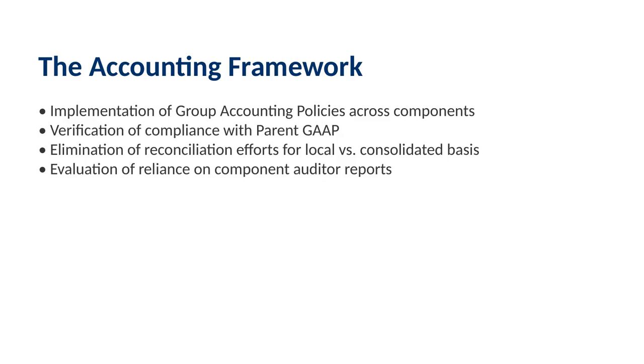Why is this so important? Because if the components use the same policies as the parent, the data is directly usable. It saves you the massive headache of having to audit the differences between the component's local basis and the consolidated basis. Once this is sorted, you can then decide whether to rely on the component auditor's report and if you want to reference it in your own final report.